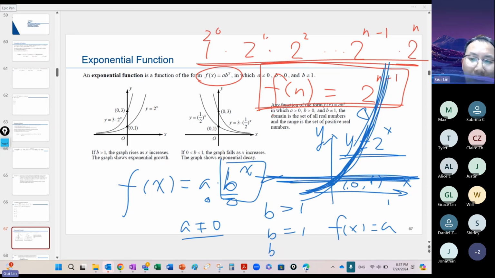But what about when b is less than 1 and greater than 0? Suppose it's a half. Each time it's like decay, right? It cannot go down below, but it's always above this line. In between 1 and 0, they always go here. Let me use different colors.